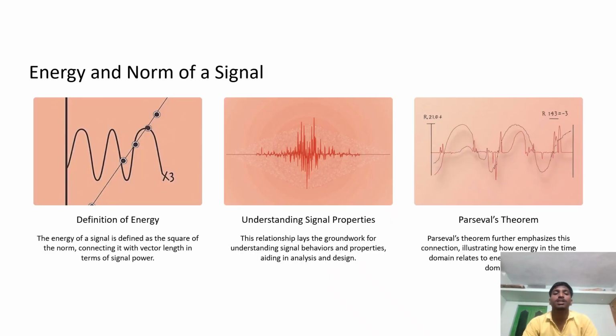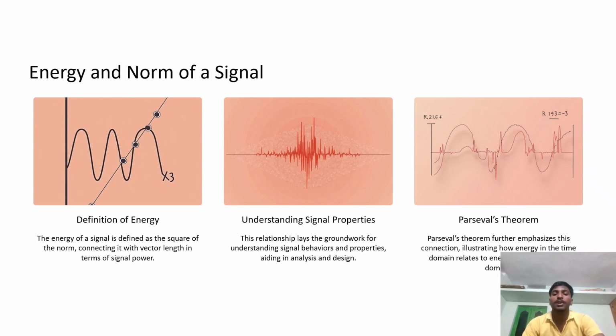Energy and norm of signals. Definition of energy. The energy of a signal is defined as the square of the norm, connecting it with vector length in terms of signal power. Understanding signal properties.